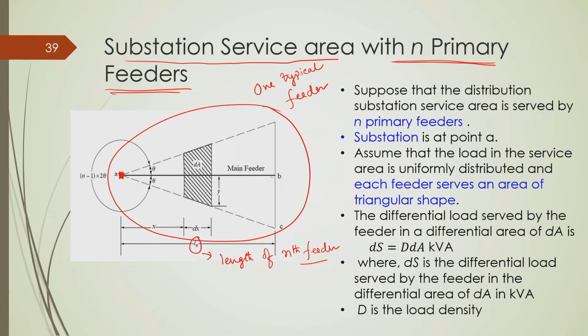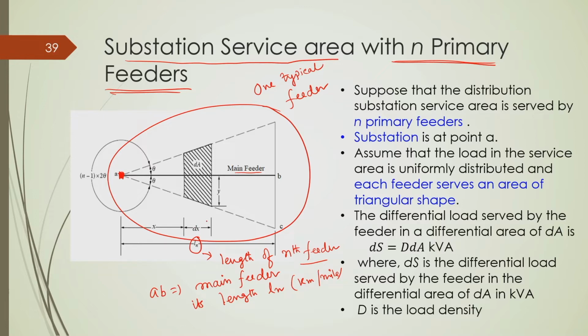This is the main feeder, that is AB is representing the main feeder or trunk feeder, whatever you can call, and its length is Ln, either kilometer or mile. And this BC is basically representing a lateral feeder. Similarly, we have many laterals, not only one.